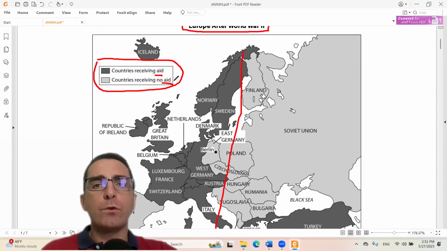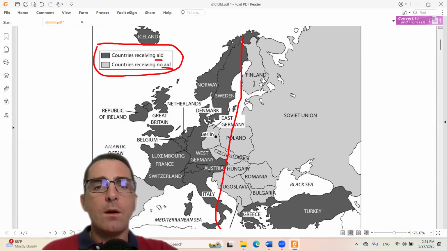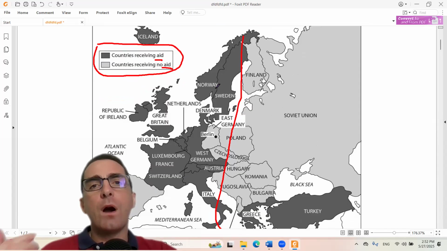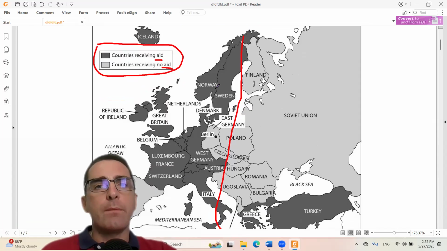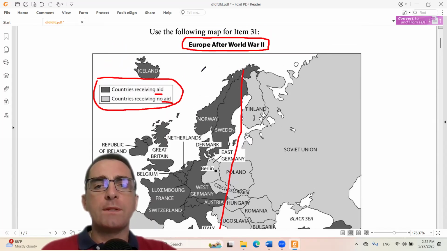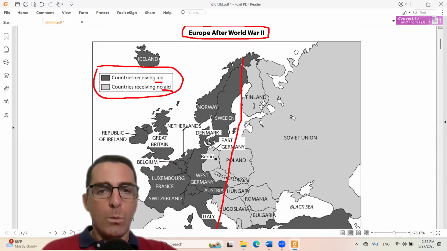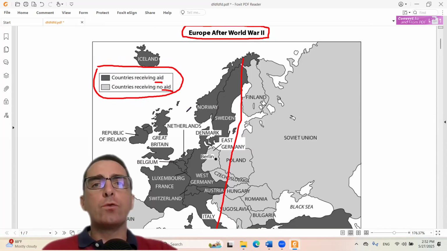Okay, so after World War II, what we found was that Western Europe was destroyed. It was decimated. They'd lost an entire generation of young men. The economies were suffering. People were getting poorer. There was complete decimation everywhere. And what the US did, because the US was on the same side as the Allies who won the war in World War II, the US decided to bring in something called the Marshall Plan.